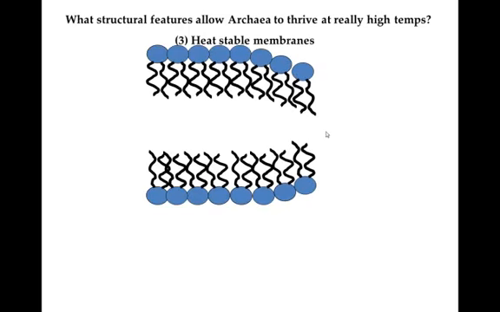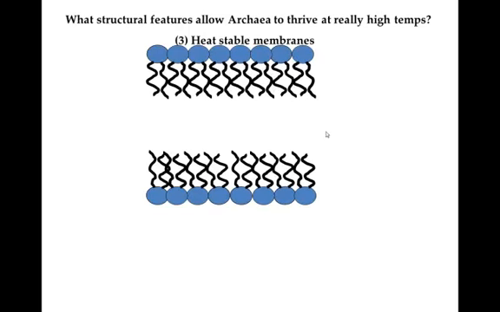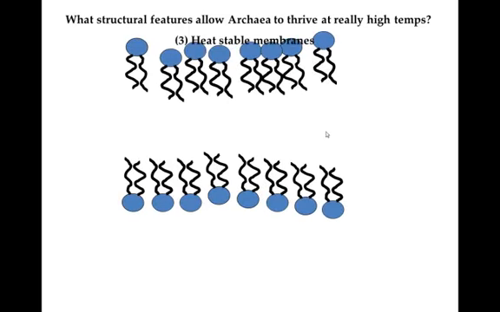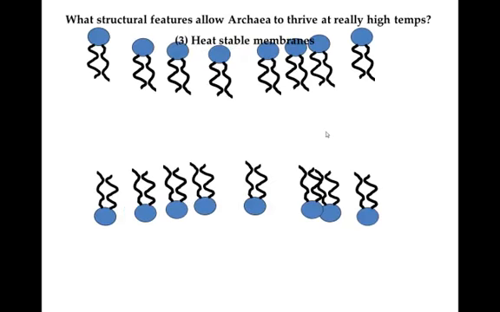And the membrane peels apart. Further exposed to heat, these would continue to break apart. So this is what would happen to us if we dipped our toes in a lava lake. Our membranes would basically disintegrate. And we would be very, very sad.